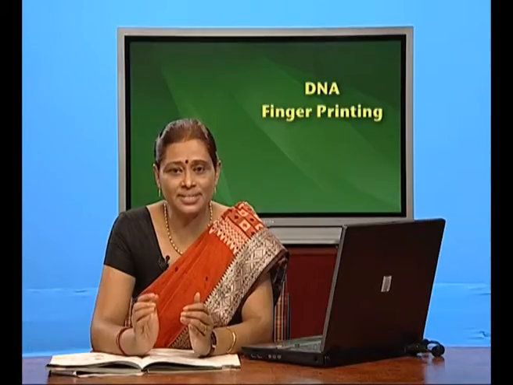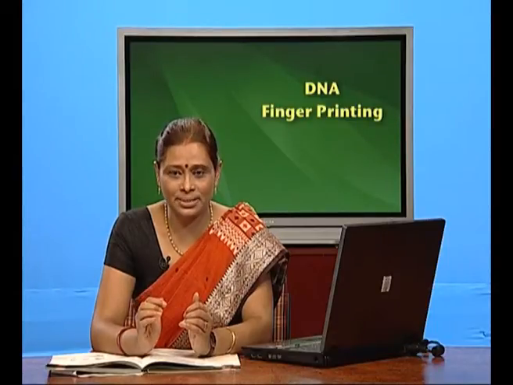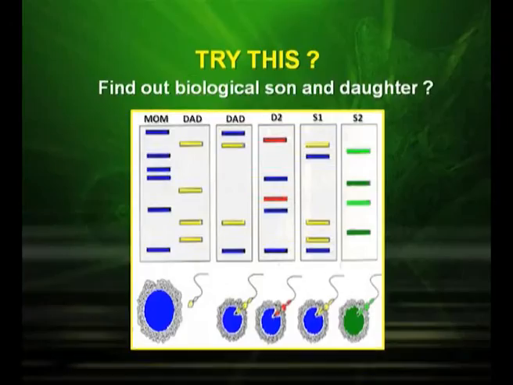So, after understanding the technique of DNA fingerprinting, let us try and see whether you can find out the biological son and daughter. Now, you have the DNA pattern for the mom and the dad, and there are two daughters, D1 and D2, and two sons, S1 and S2. By looking at the DNA pattern of the mom and dad, try to find out which one is a true daughter and which one is a true son.